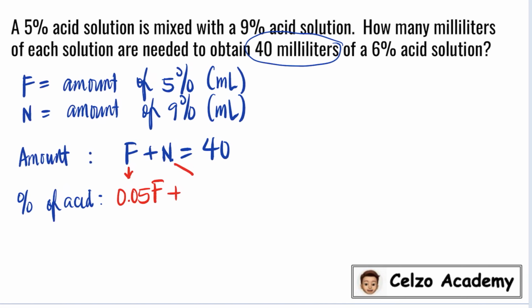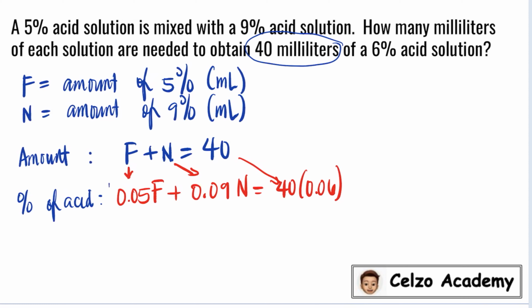For the variable n, this contains 9% acid, so we will multiply n by 9% or 0.09, so 0.09n. And for the 40, we will multiply it by 0.06, since we need to mix together to form 40 ml of a 6% acid solution.